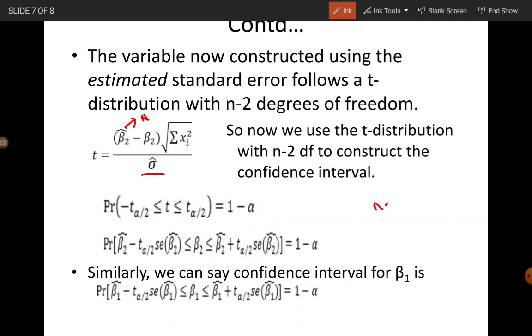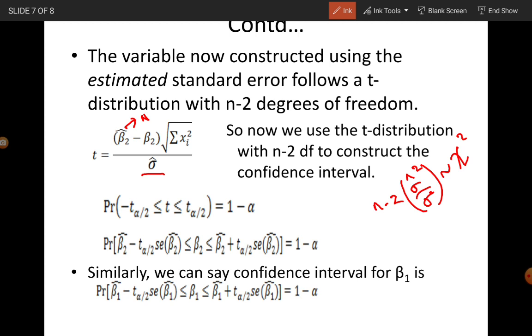Remember, we had said n minus 2 times sigma hat square divided by population sigma square follows chi-square distribution. There is a statistical theorem which says that if in the numerator you have a standard normal variable and in the denominator you have a variable whose square follows chi-square, the ratio of these two will follow a t distribution. Okay, so it's a technical thing. You don't need to really go deep into it.